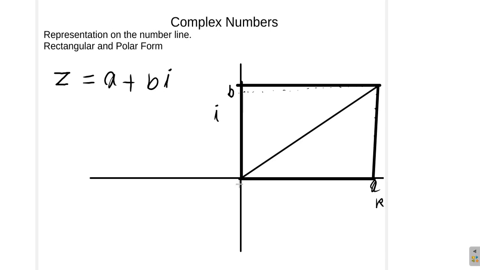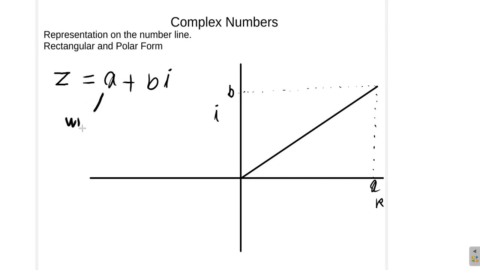All right, if we draw the rectangle like that. So this a plus bi business here, we can say a is the width of a rectangle and b represents the height of the rectangle. As a is on the horizontal, the real axis, and b is on the vertical, which is the imaginary axis. So from that you can remember which is which.